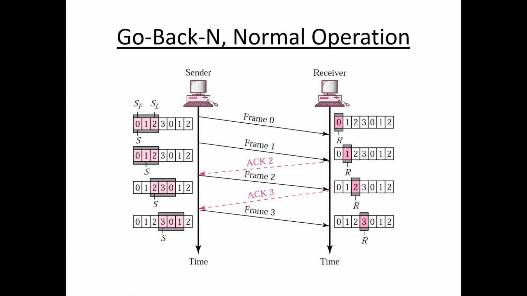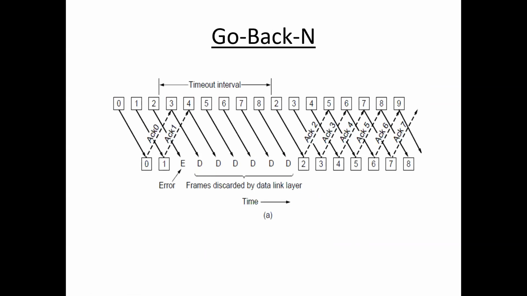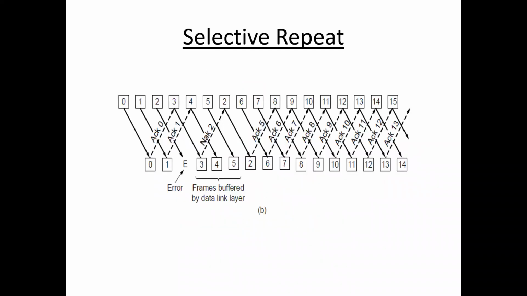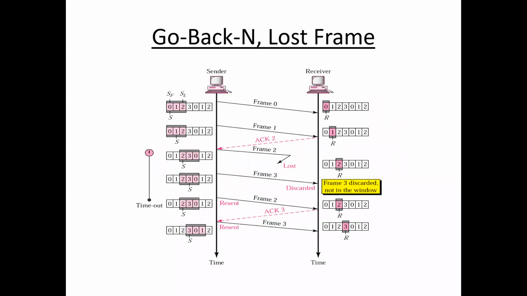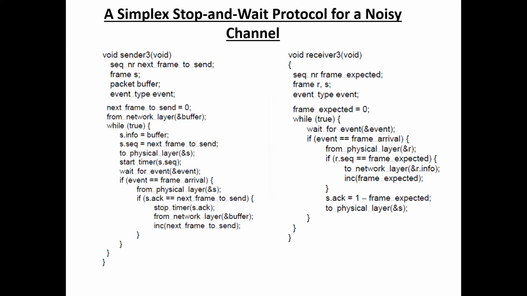So in go back N, if there is an error in a particular frame, go back to that frame and retransmit that frame and subsequent frames once again. In selective repeat, if there is an error in a particular frame, then sender has to transmit that frame only. That is the difference between go back N and selective repeat. So this is about sliding window protocol.